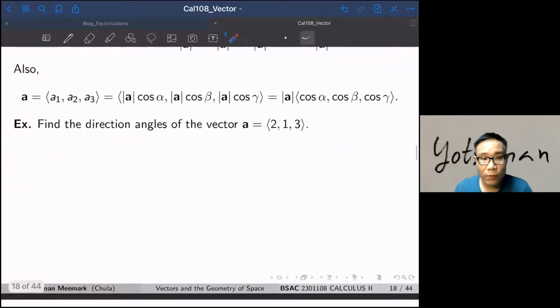Okay, let's do one example on direction angle and the direction cosine. So we'd like to find the direction angle of the vector A given by 2, 1, and 3.